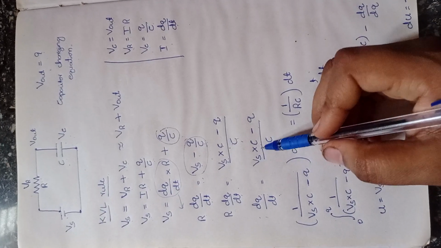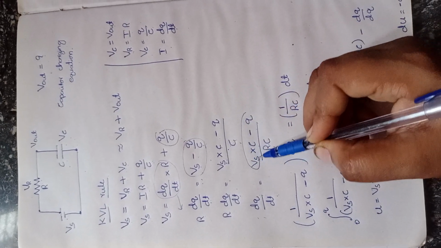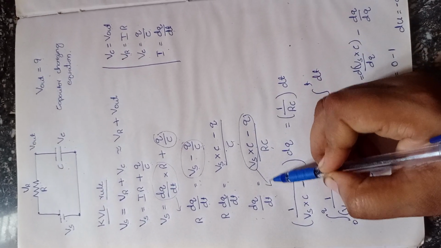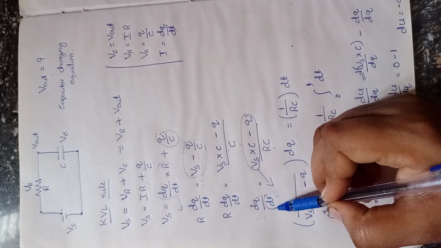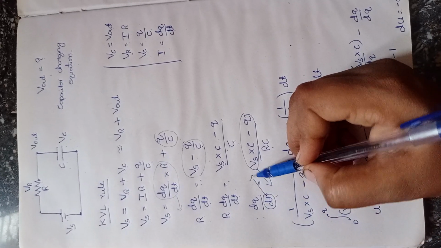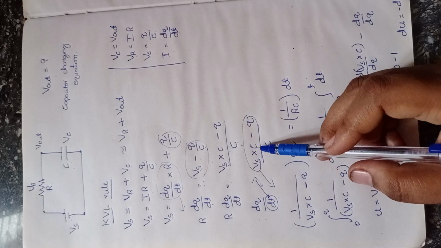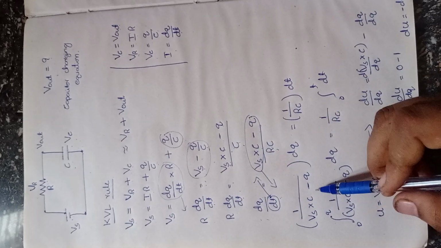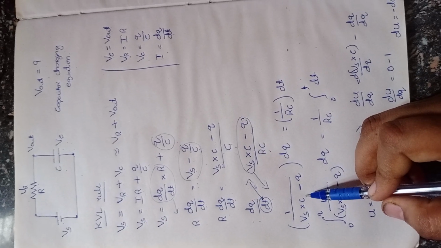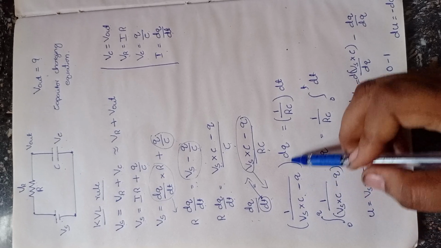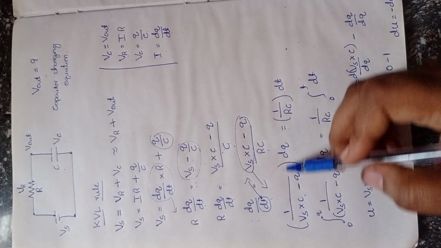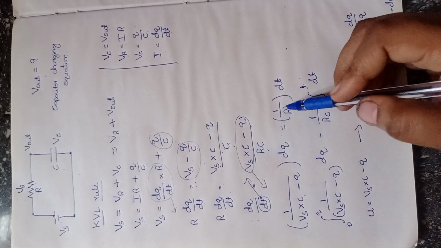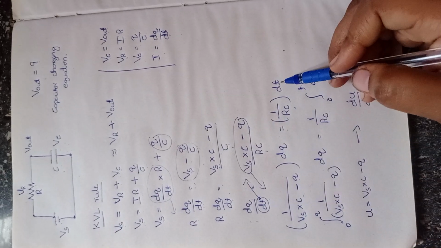After that, I am taking this numerator term into the left hand side and this denominator term into the right hand side. So this will become 1 divided by Vs into C minus Q into dq is equal to 1 by RC into dt.